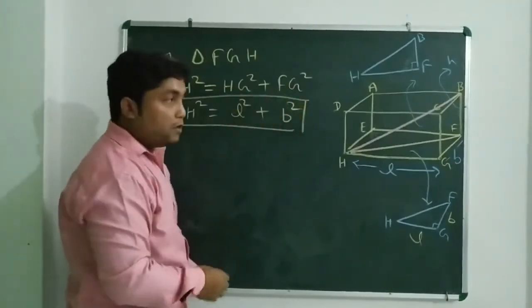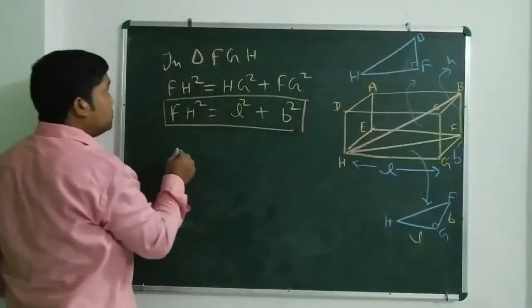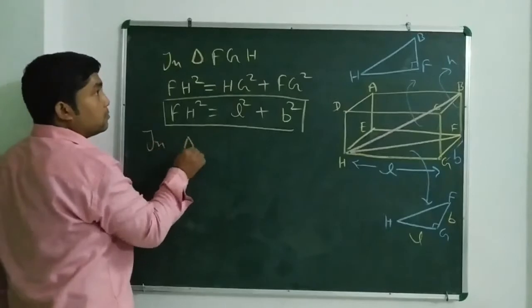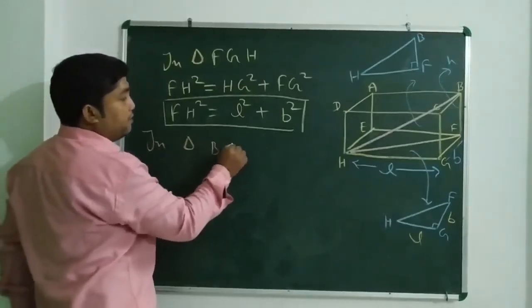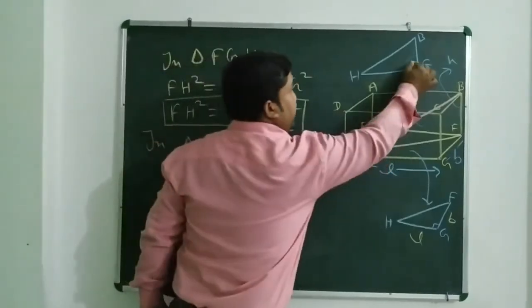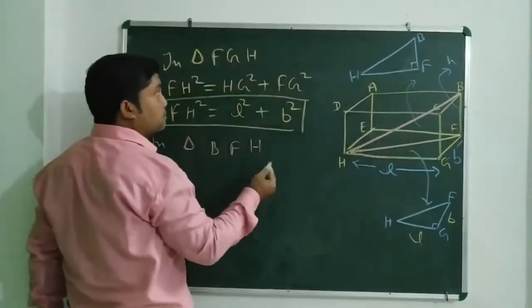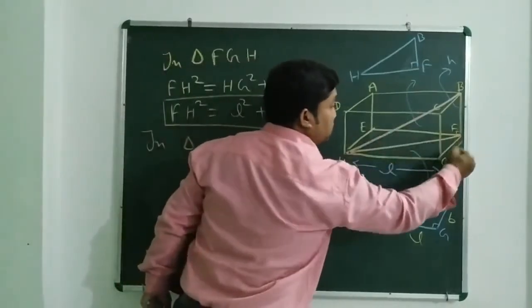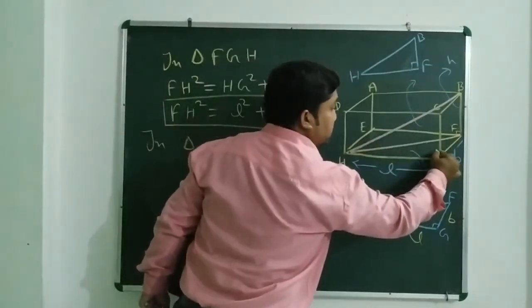Okay? Similarly in triangle B, F, H, angle F is 90 degrees.